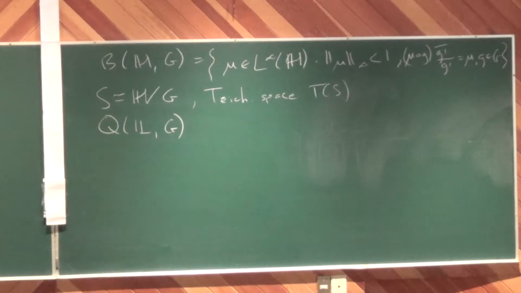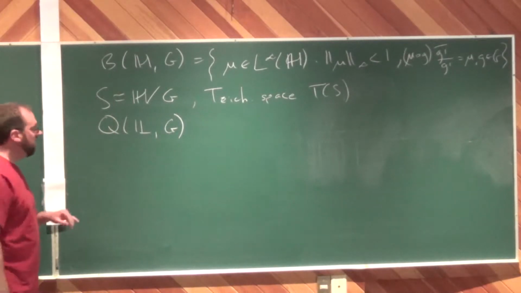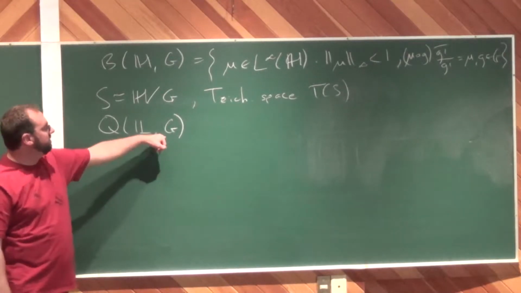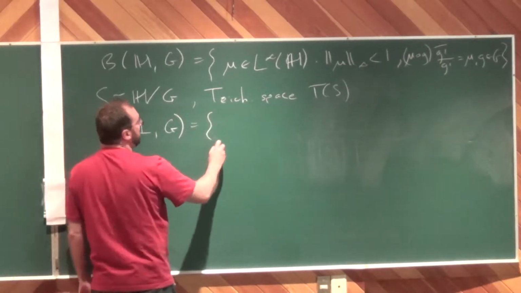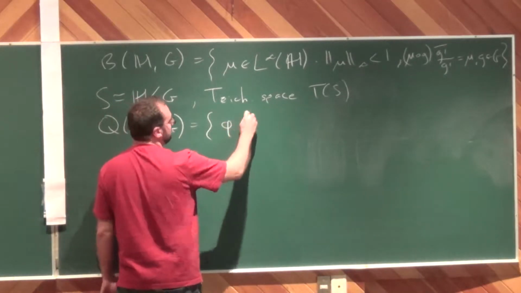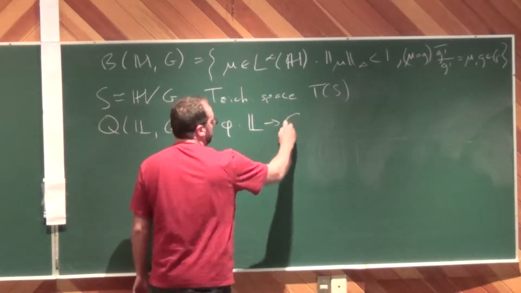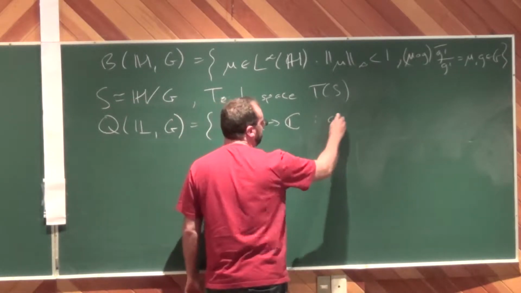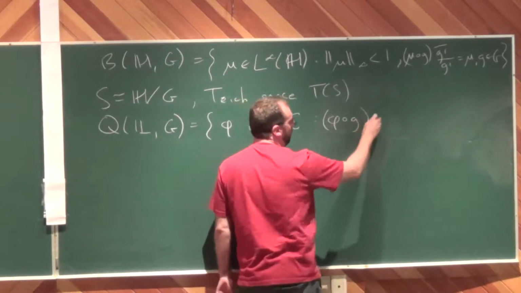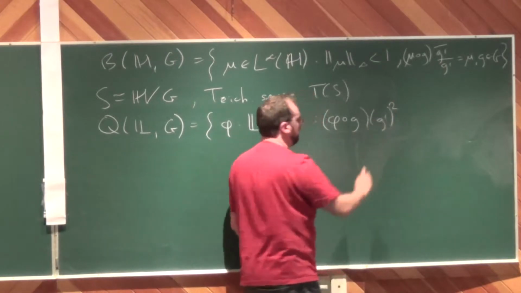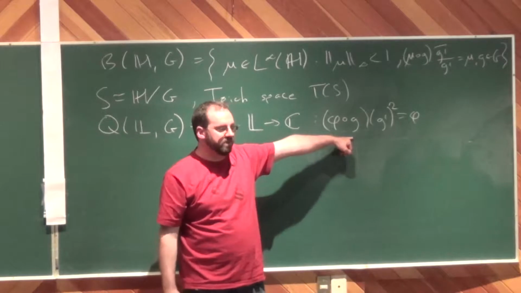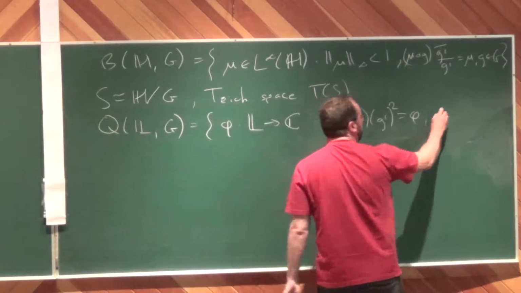And then we have also defined the space of holomorphic quadratic differentials on our surface S, or equivalently holomorphic functions on the lower half plane which are G invariant. So we can view that as phi's from the lower half plane to C, so that they're G invariant this way. This relationship means that they project to holomorphic quadratic differentials on the surface.